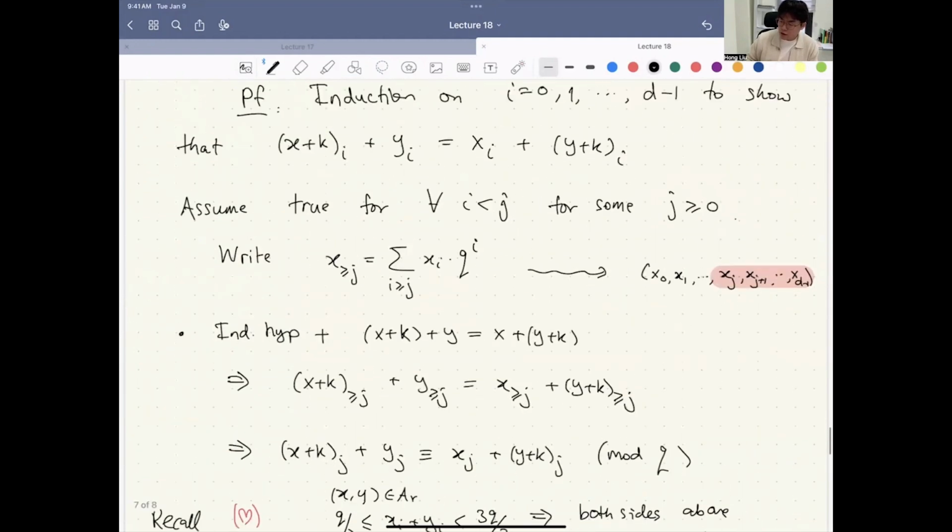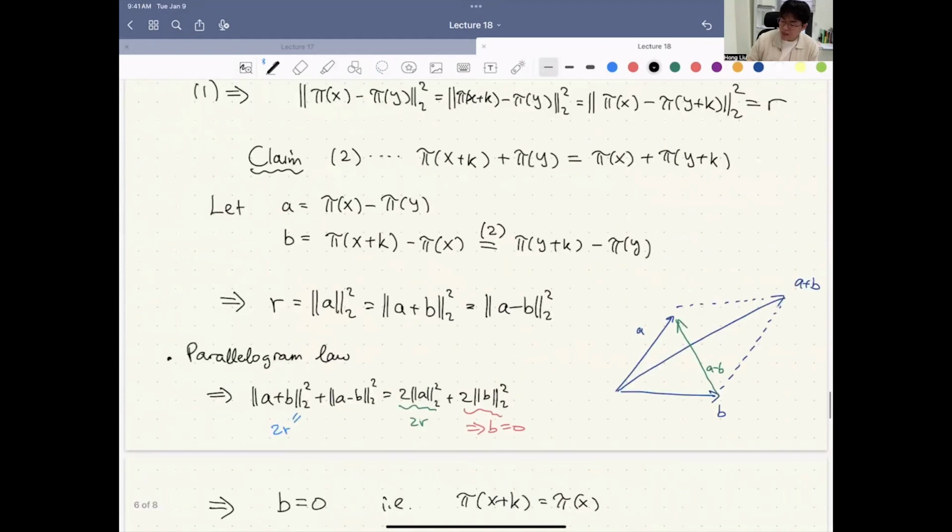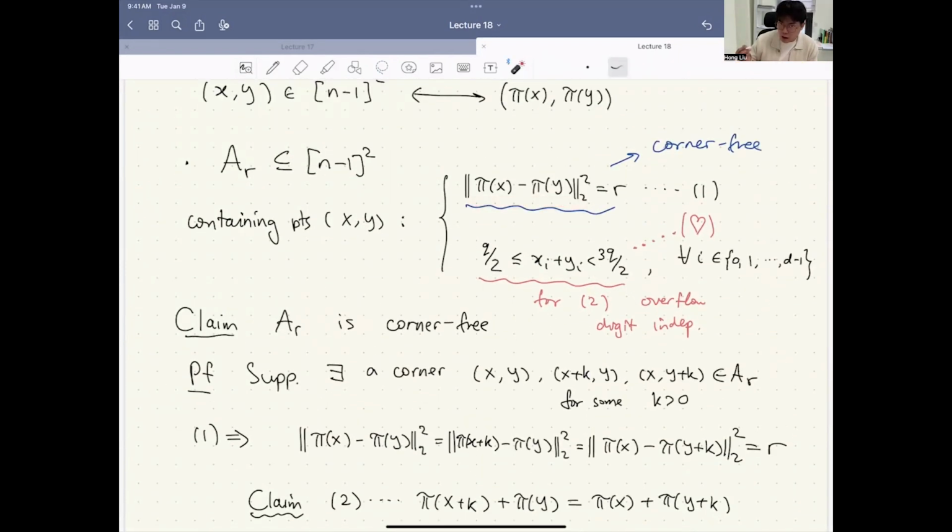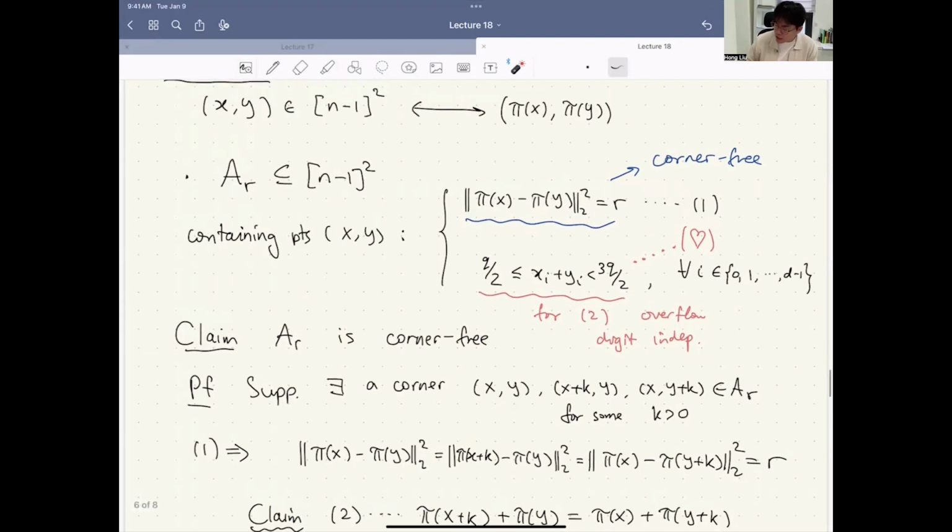R is the distance between x and y, taking a square. Both x and y are length d vectors where each coordinate is 0 to q minus 1, or to be precise, 0 to q minus 1 to the power d.